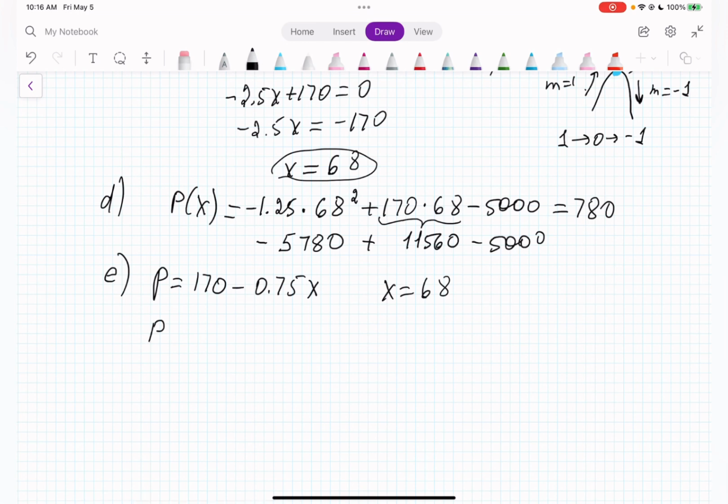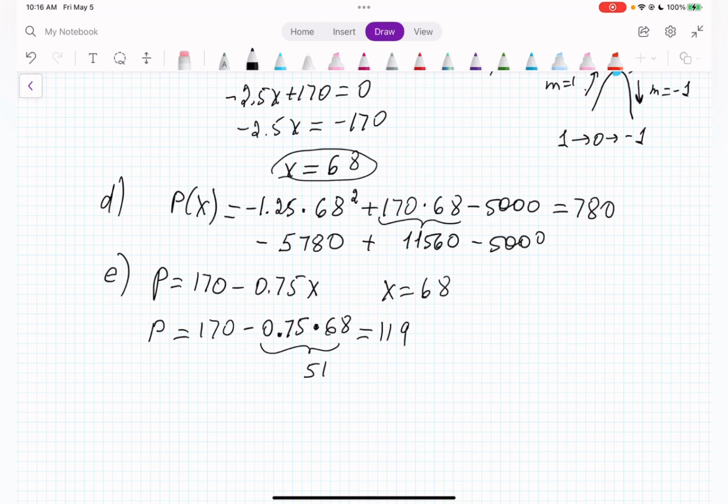So this is equal 170 minus 0.75 times 68. 0.75 times 68 makes 51, and 170 minus 51, we are getting 119.